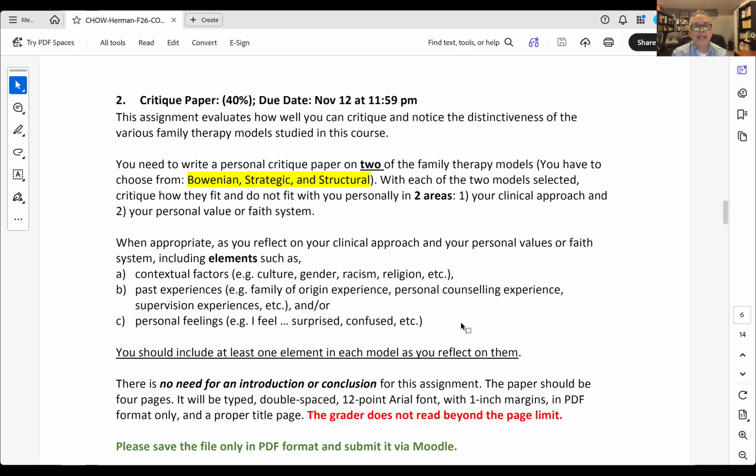The only other thing that I'd like to add is that for each of the models, you just have to add in at least one element when you're critiquing it. What do I mean by element? An element could be anything from a contextual factor like culture, gender, racism, religion, or past experience.